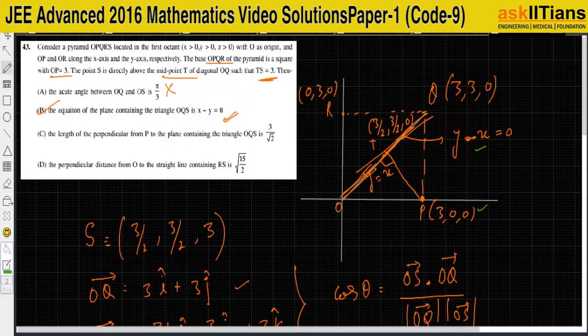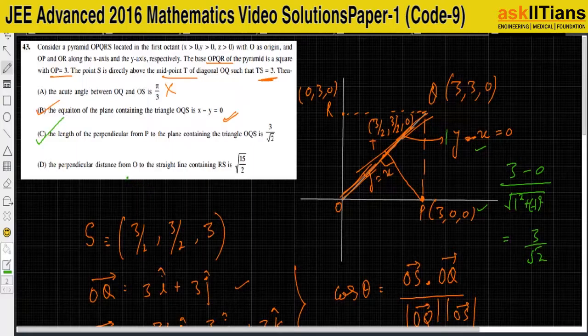This is y equal to x line, so just put the point. I'll get 3 minus 0 divided by under root of 1 square plus coefficient of x square plus coefficient of y square, right? So here 1 and here minus 1, so 1 square plus minus 1 square. So this perpendicular distance will be 3 by root 2. That's correct. So this option is also correct.